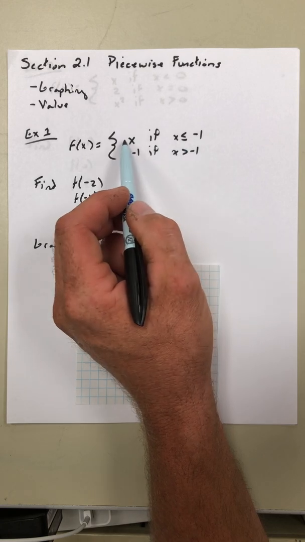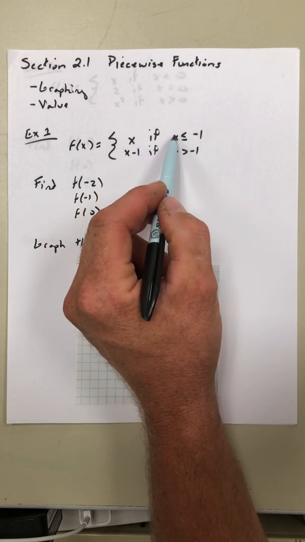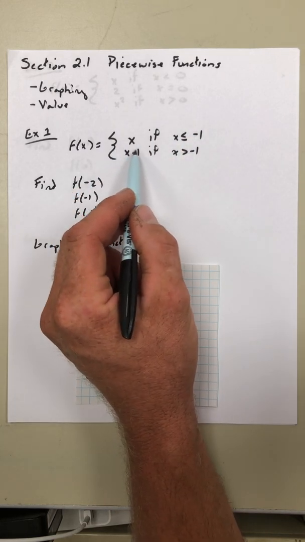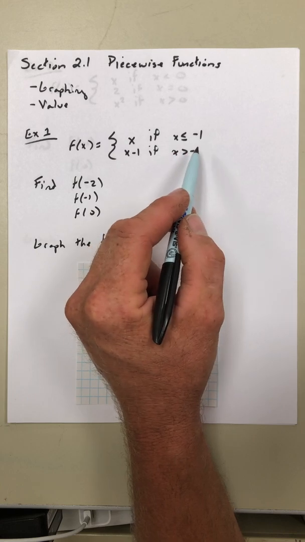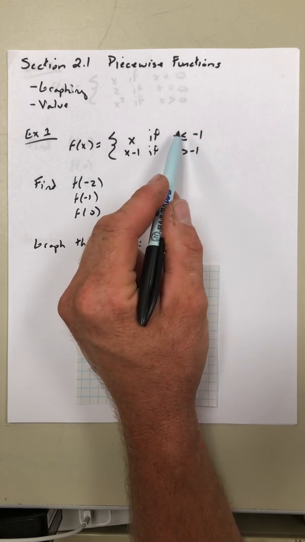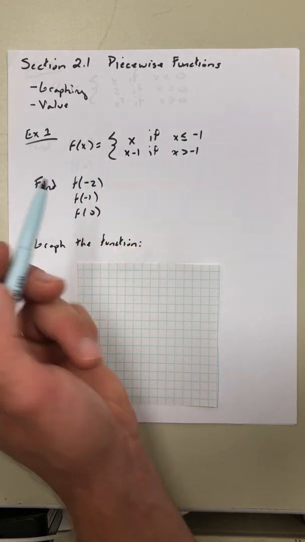So we're restricting this function, x, for only the values where x is less than or equal to -1. And x minus 1, if x is greater than -1. So again, these are our restrictions on the x value, or the domain of this portion of the function.